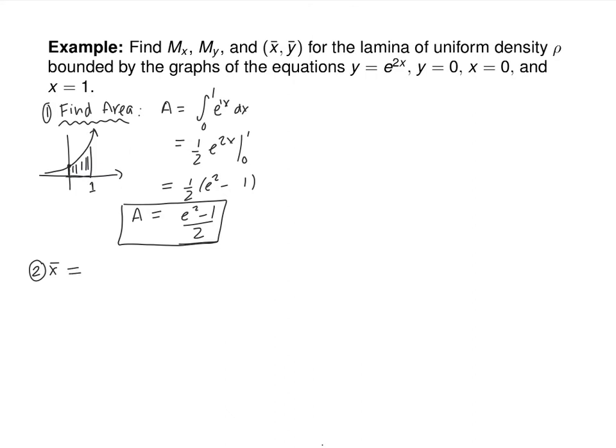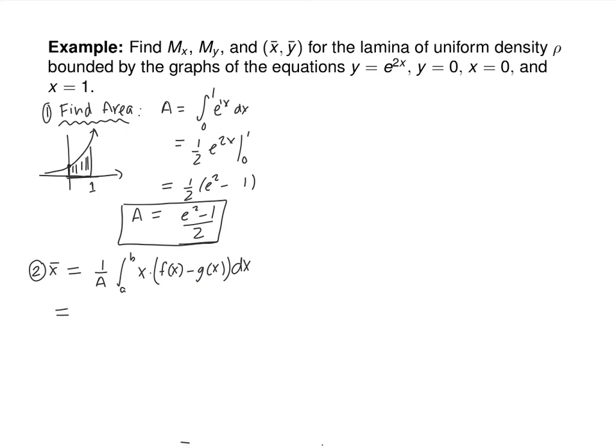So x bar is equal to 1 over A, integral a to b, x times f of x minus g of x. Now in this case, my second curve, g of x, is actually 0, and my f of x curve is e to the 2x.